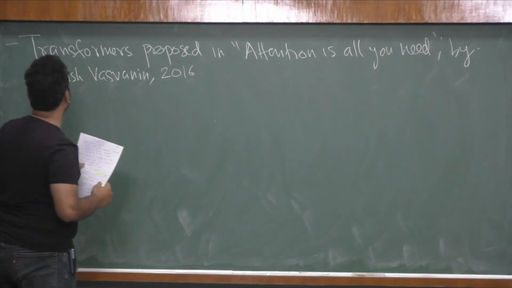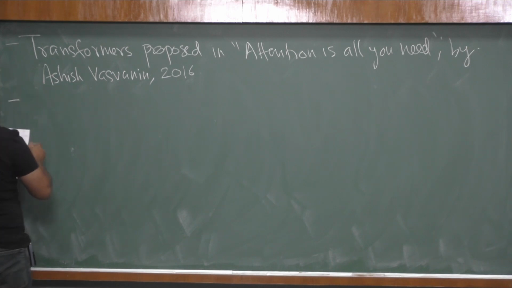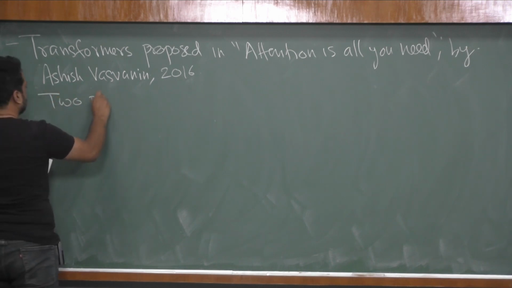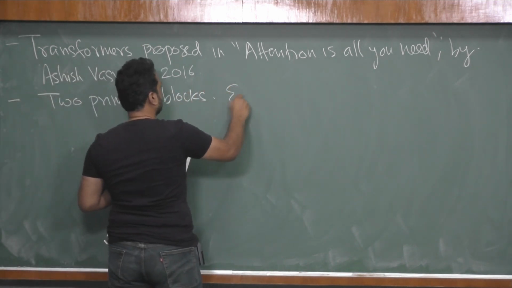And so this is again a form of, so basically there are two primary blocks, encoder and decoder.